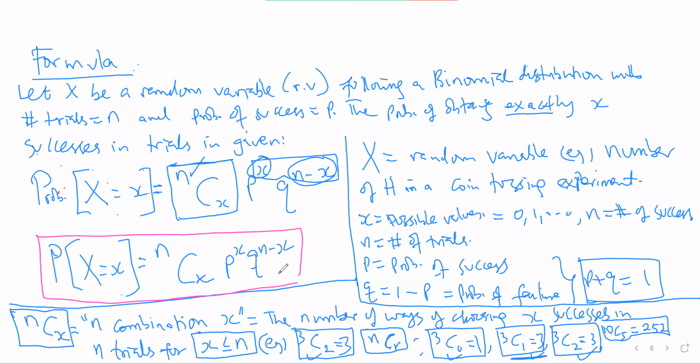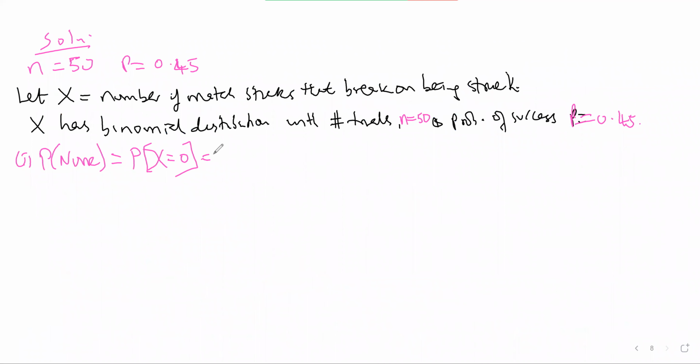So here we need to say this is the same as 50 combination 0 times 0.45 raised to power x, which is 0, times, in this case, Q is 1 minus 0.45, which is 0.55.